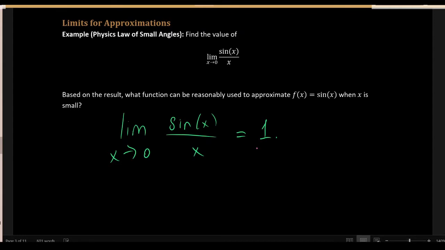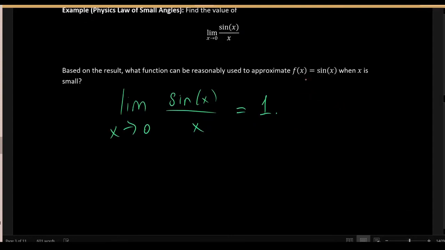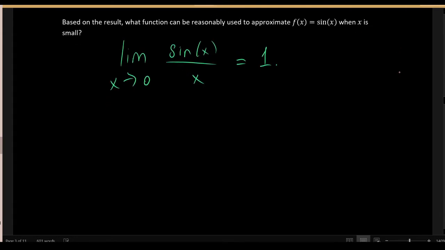Follow-up question. Based on this result, what function can reasonably be used to approximate f of x equals sine x when x is small? Now, someone says to me x is small, and a way to rephrase that is that x is close to 0.